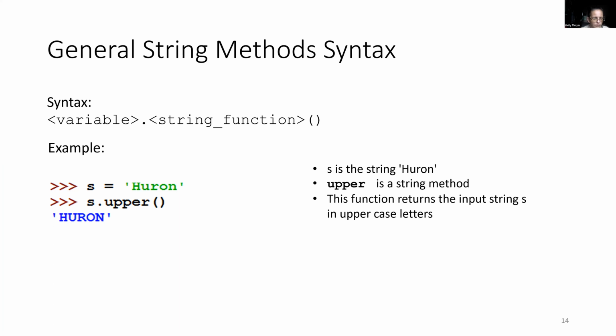How that works in terms of the encoding is not something you specifically need to worry about, but you need to be aware that there is this kind of notation. So when something is coded as a method, this is how you're going to access it using dot notation. For example, if we have some string, S equals the string Huron, and then we do S dot upper, we'll get everything in uppercase.